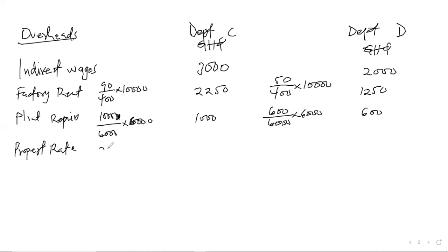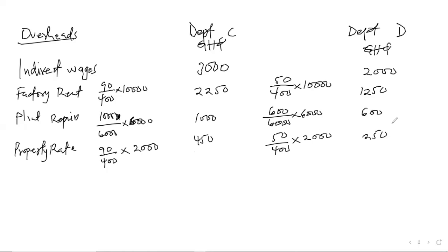So 90 over the total floor area, which is 400, times the cost of the property rate. The cost of the property rate is 2,000. When you cancel this, you will get 450. Then we move to department D. 50 over 400 times 2,000 will give us 250.